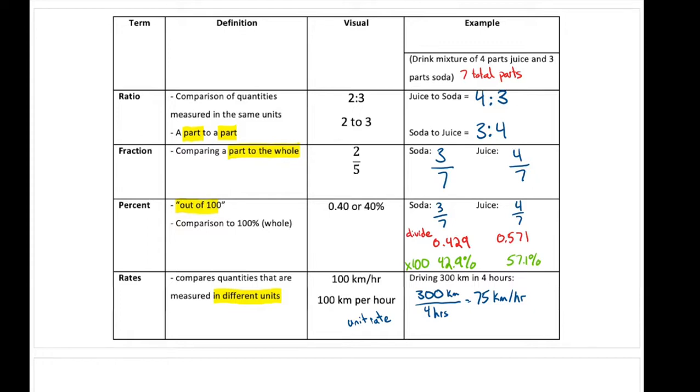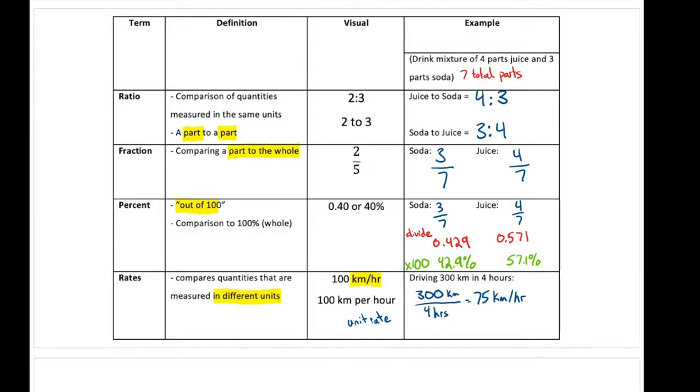When we use the units, because it's kilometers on top, it would be kilometers per hour. And you can see that in the visual, kilometers per hour, and it looks like a fraction of the units. So again, same thing over here in our example. If we were to divide kilometers by hours, we get kilometers per hour.